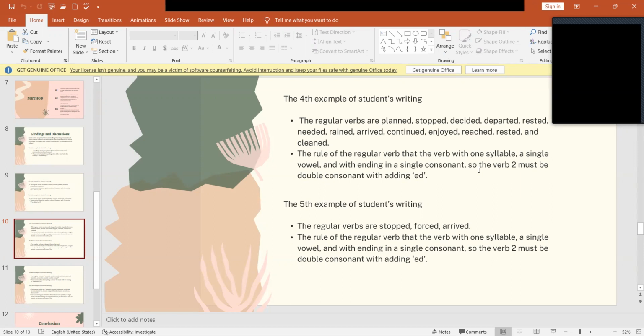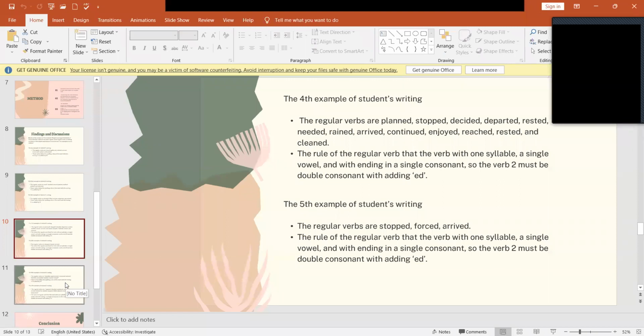And then the next is the fifth example of students' writing. The regular verbs are stopped, forced, and arrived. The essays show that the student used regular and irregular verbs in his or her writing. The rule of the regular verb: a verb with one syllable, a single vowel, and ending in a single consonant, so verb 2 must double the consonant with adding ED.